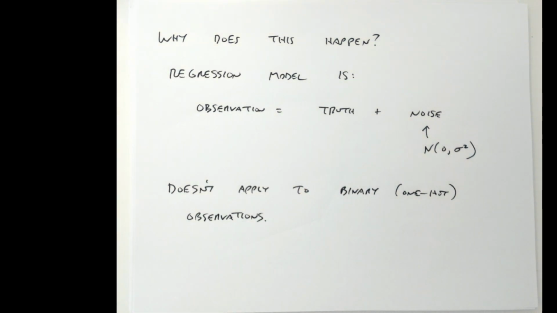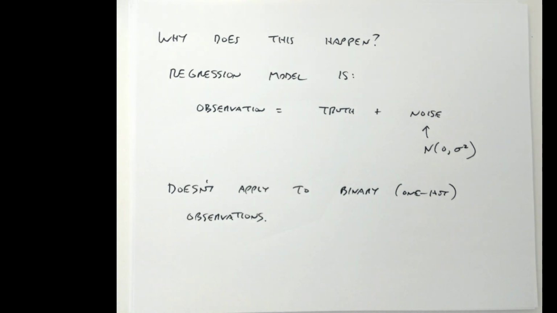If I tell you the y is 0, 1, 0, 0, 0, it's not like that is some underlying real vector with non-binary values that's noised up to get to that binary thing. The model is totally different, right? So when I'm quantizing into classes, this Gaussian noise assumption is not the right one to use.